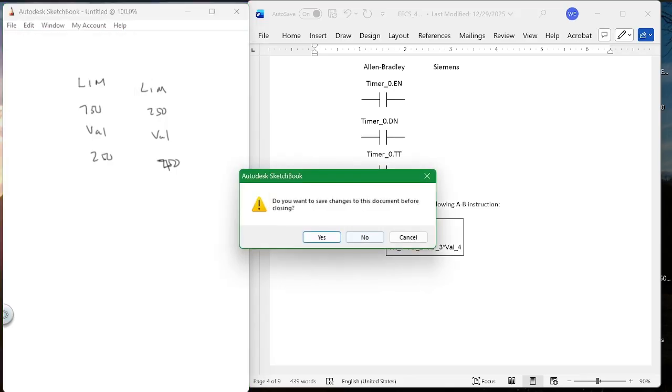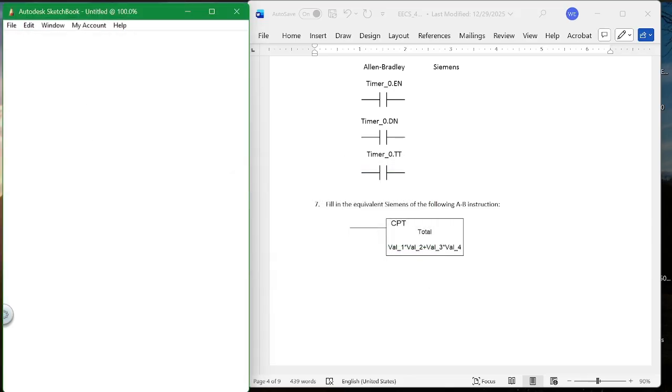What would be the Siemens equivalent? What's the big difference? Compute becomes a what? Calc. It's a calc block. And the inputs are all on the left-hand side, and they're called N1, N2, N3, N4. And the values out here are val 1, val 2, val 3, val 4.